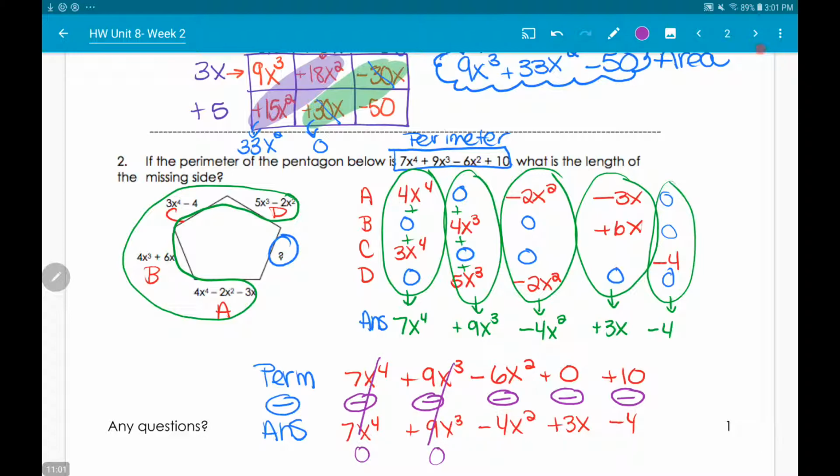This turns into a plus, so I'm left with negative 2x squared minus 3x. This is a plus, and that's 14. So my missing side with my question mark is negative 2x squared minus 3x plus 14.